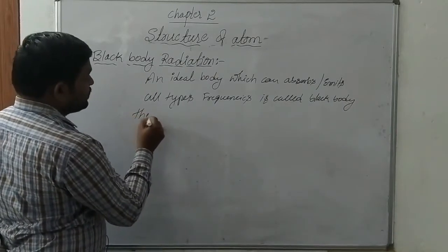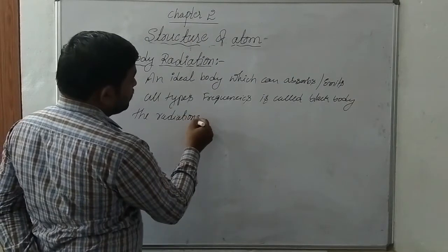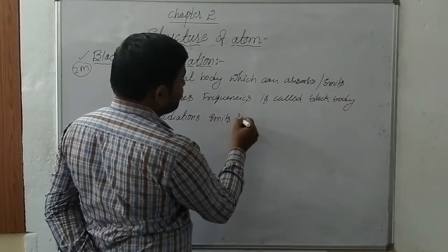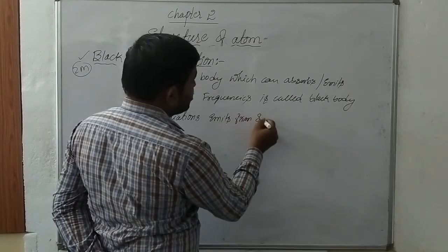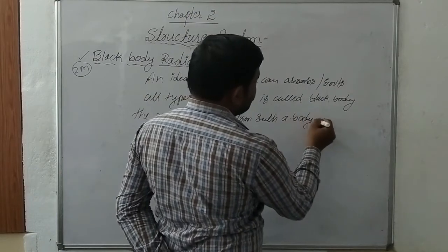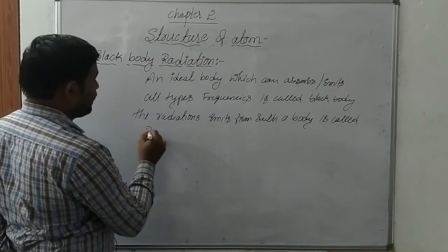The radiations emitted from such a body are called black body radiation.